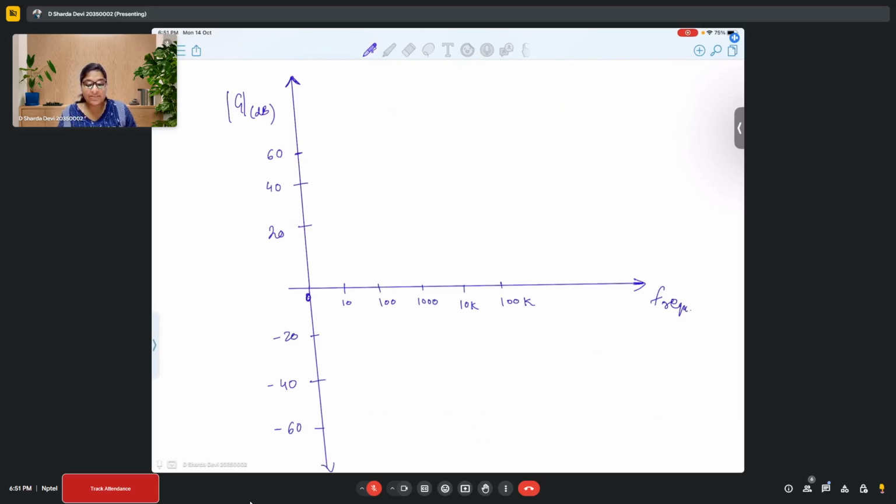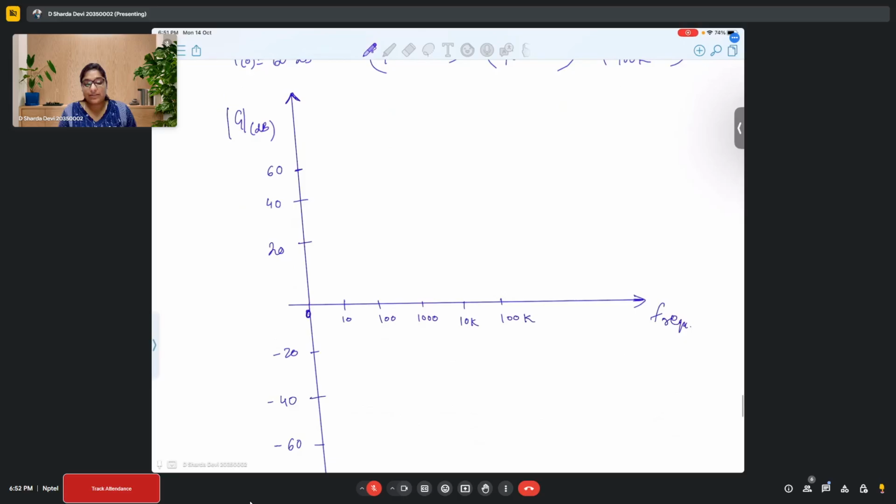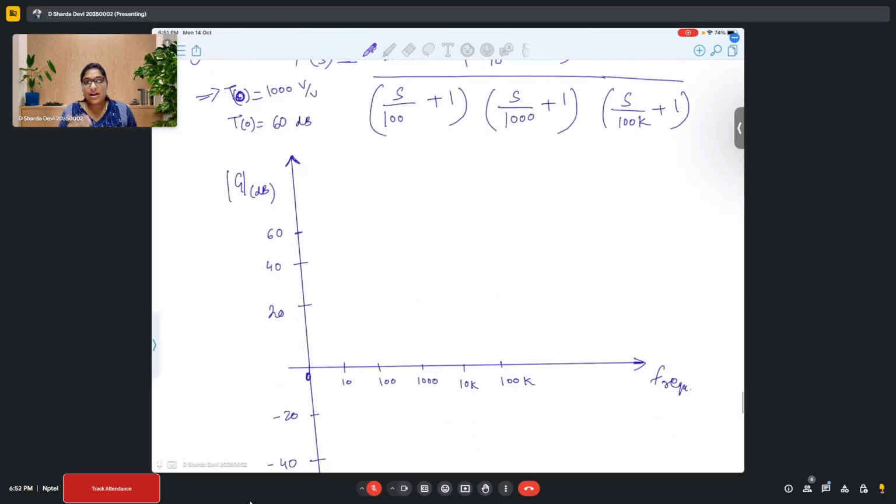Why am I separating the spacing of the y-axis by 20 dBs? It's because a pole or zero can introduce a shift of maximum 20 dBs. So that's why I'm separating each of them by 20 dBs.